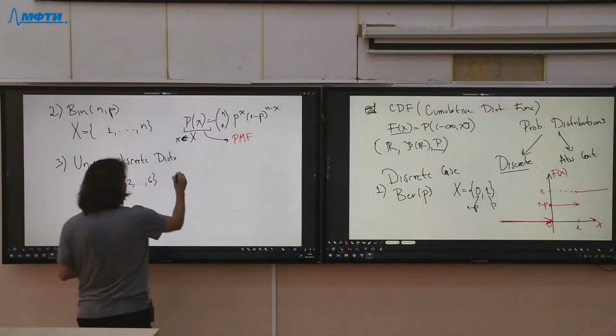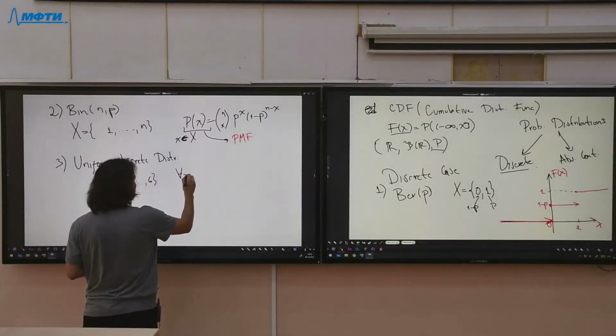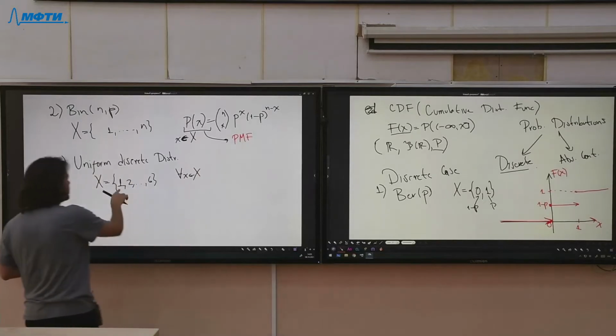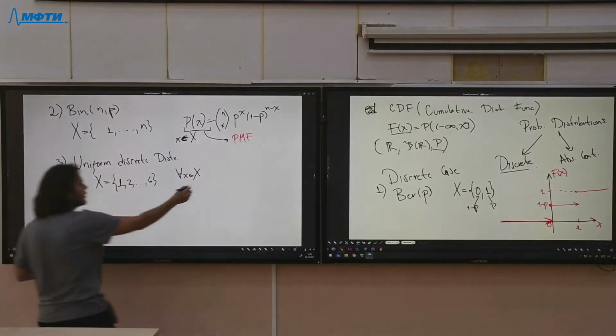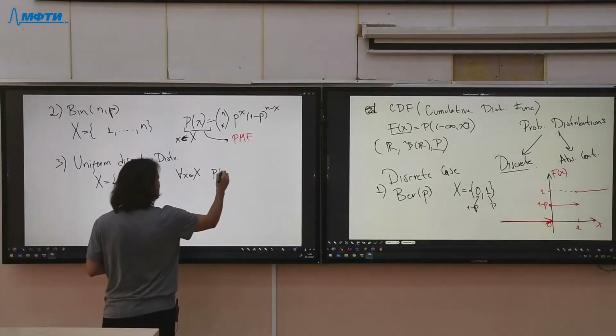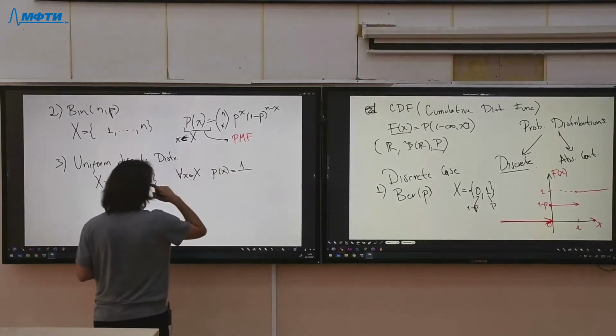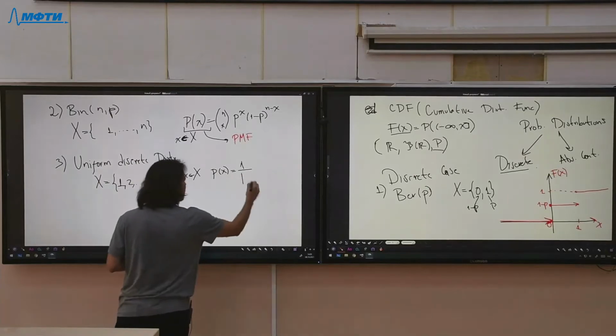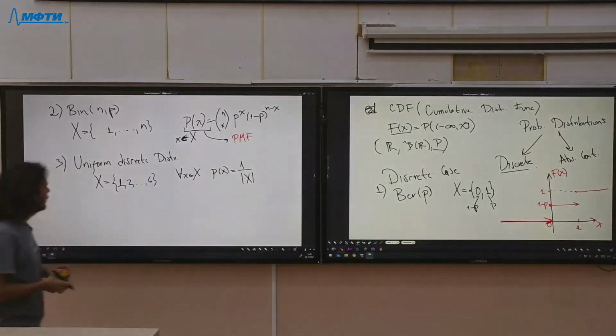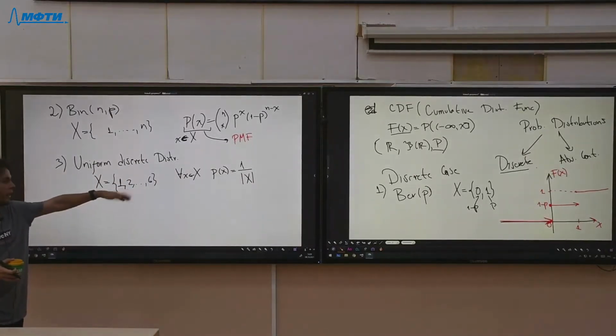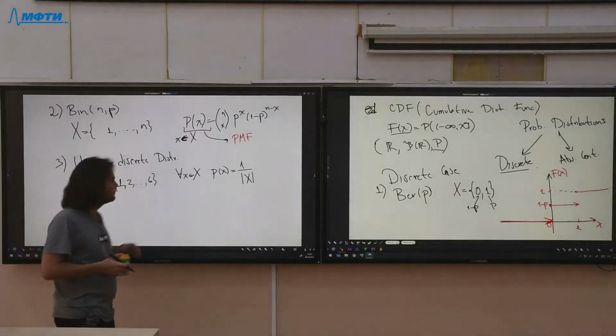And for each of these elements, we know that the probability is just 1 over the total number of elements that we have, right?